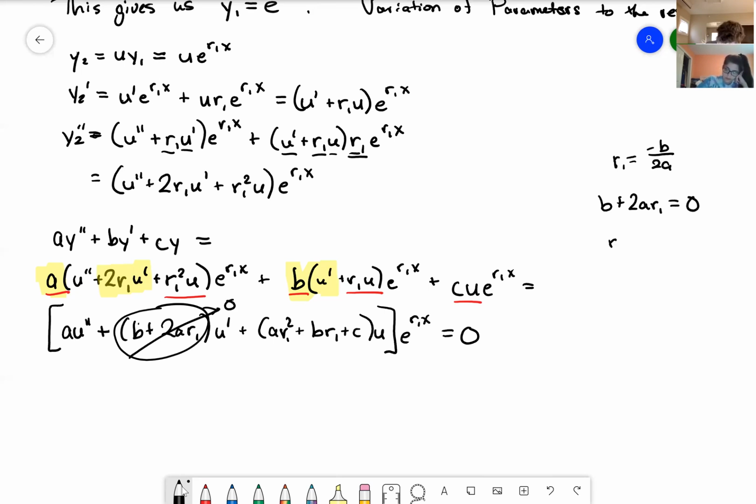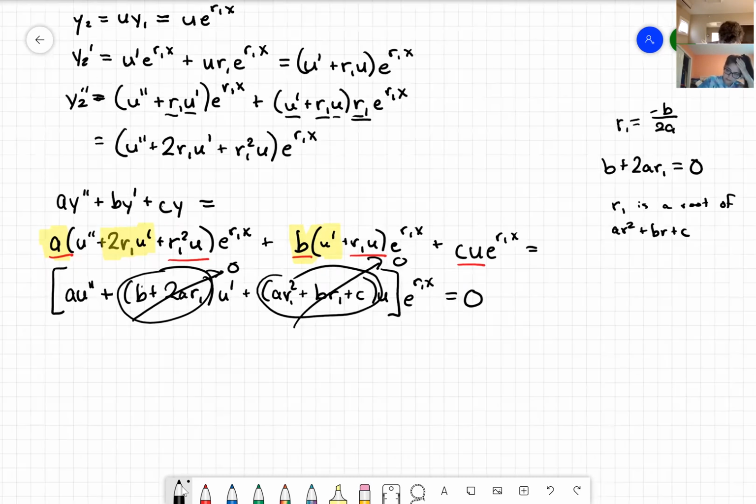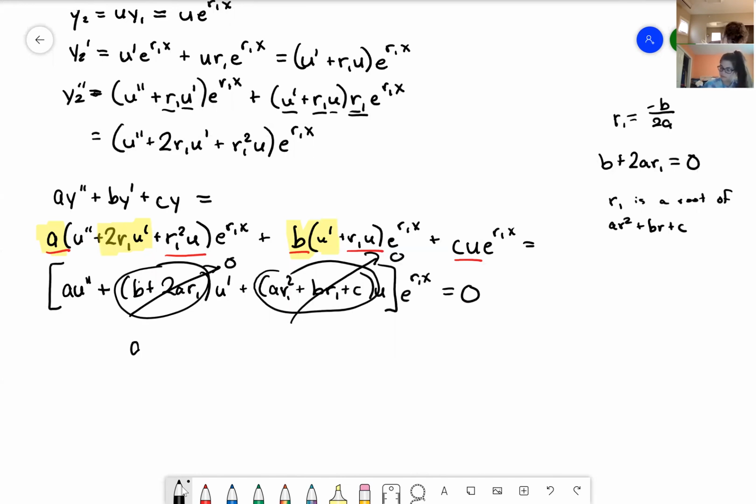And we also know that r1 is a root of a r squared plus b r plus c. So this part right here goes to 0. And what we're left with is just a u double prime equal to 0. But of course, we can divide both sides by a.